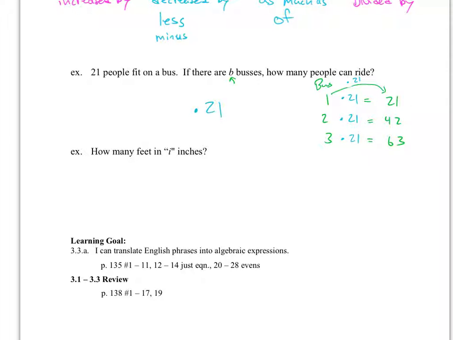And then this column is my one that changes, my variable, which was B. So B times 21, or you could say 21B. It helps sometimes to replace the variable with a number, try it to see how it works, and then put the variable back in at the end.